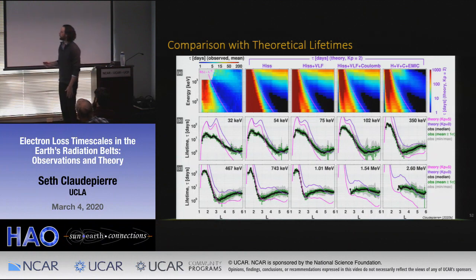But at least we just wanted to see whether all of these things that we believe are important are able to reproduce the observed. Because people often just take these diffusion coefficients and run the model, and no one has ever really looked at how well these diffusion coefficients compare with what the particles are actually telling you about the scattering processes. So that was one of the goals of this study.